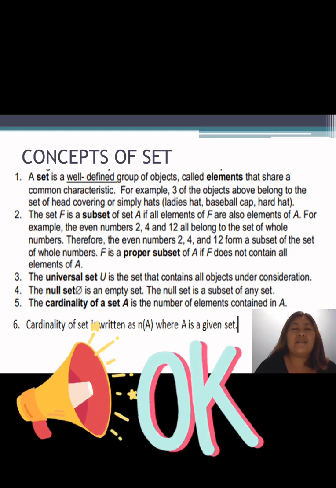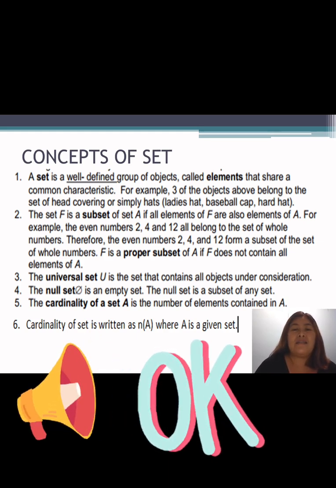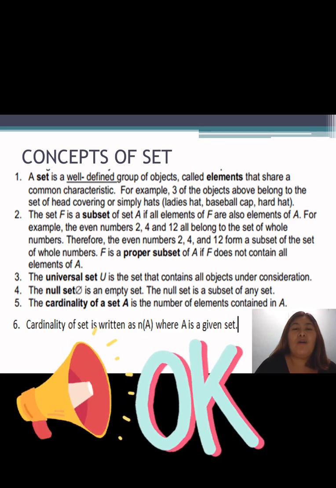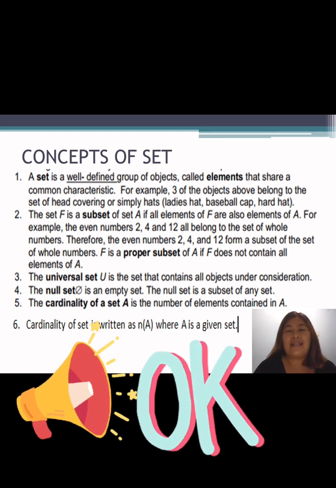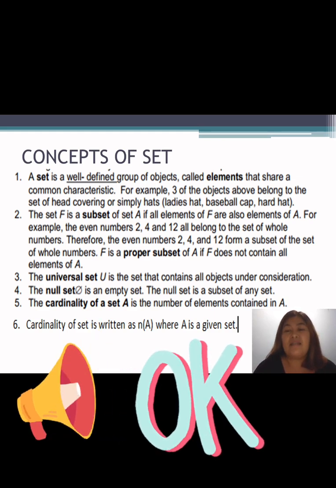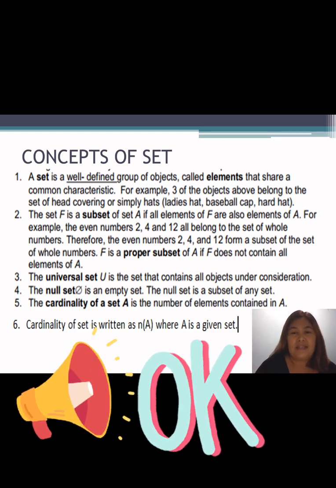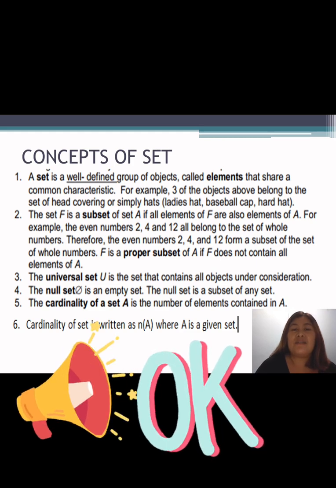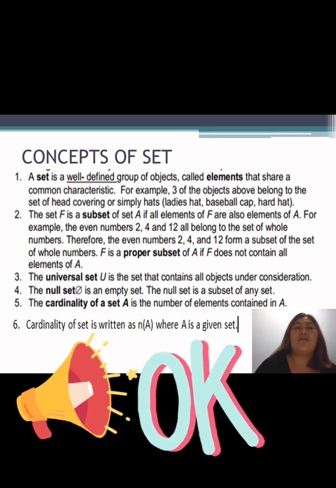Okay, so next is the subset. Subset contains all elements in the universal set. Okay, so all the elements in subset can be seen in the universal set. And then next is universal set is the set that contains all objects under consideration. So all the objects under the consideration is what we call the universal set.